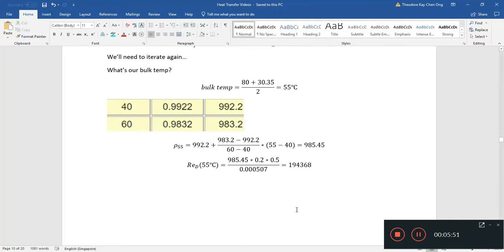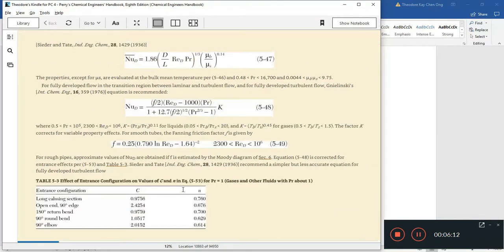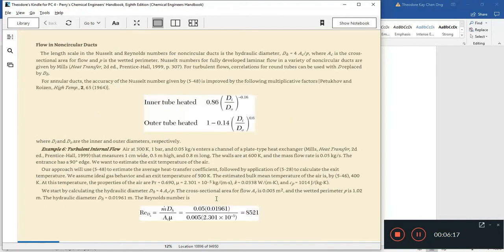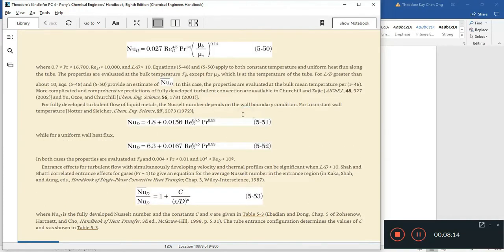In the last video, I think I made a mistake because I accidentally had our viscosity off by a factor of 1,000. So the flow is actually turbulent. In this case, we will not use this relation because we are not looking at laminar flow anymore. We'll have to look at this.